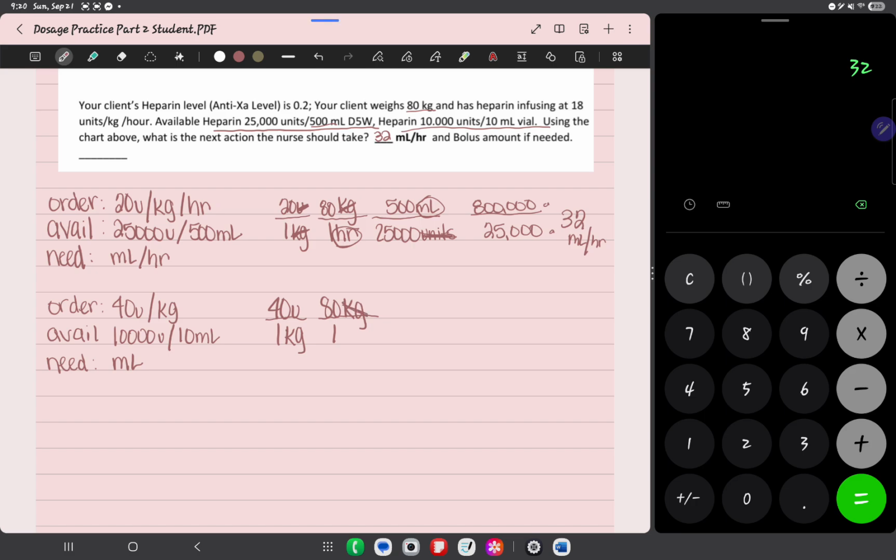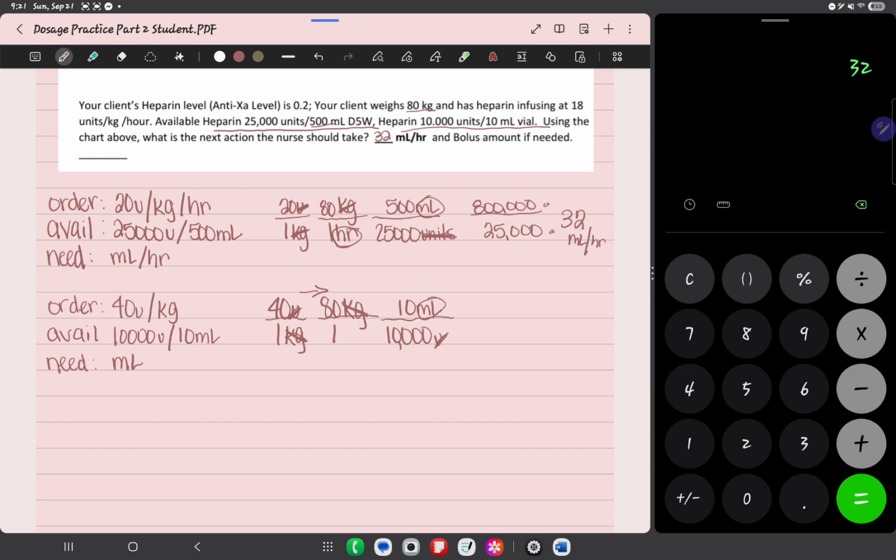So we can mark out kilograms now. Units, we don't need units, we need milliliters. So we need to get units down here to mark it out. So we'll put 10,000 units on the bottom. And on the top, 10 milliliters. And we can mark out the units, and now we're just left with milliliters.